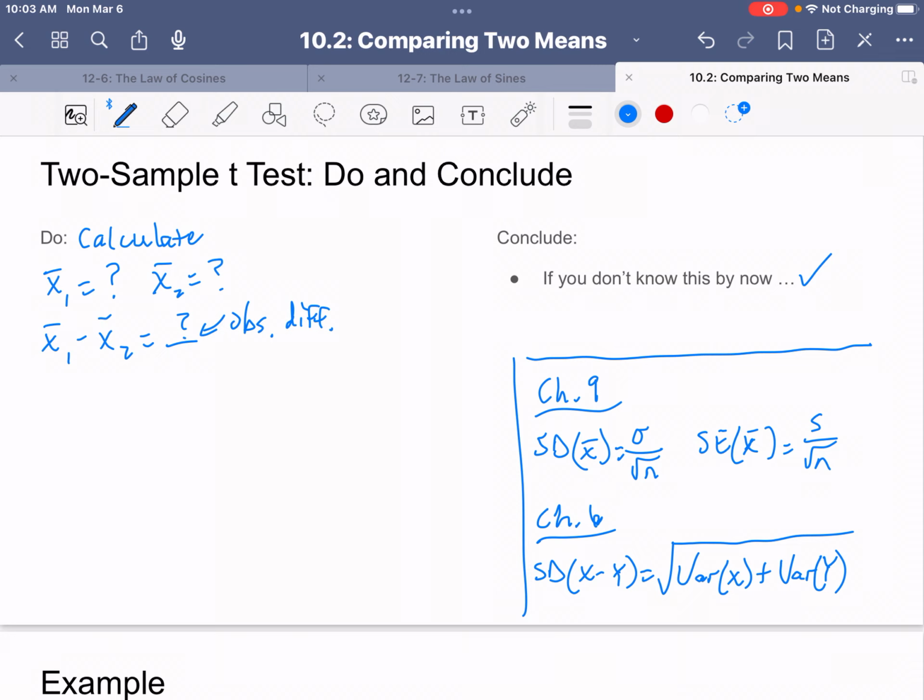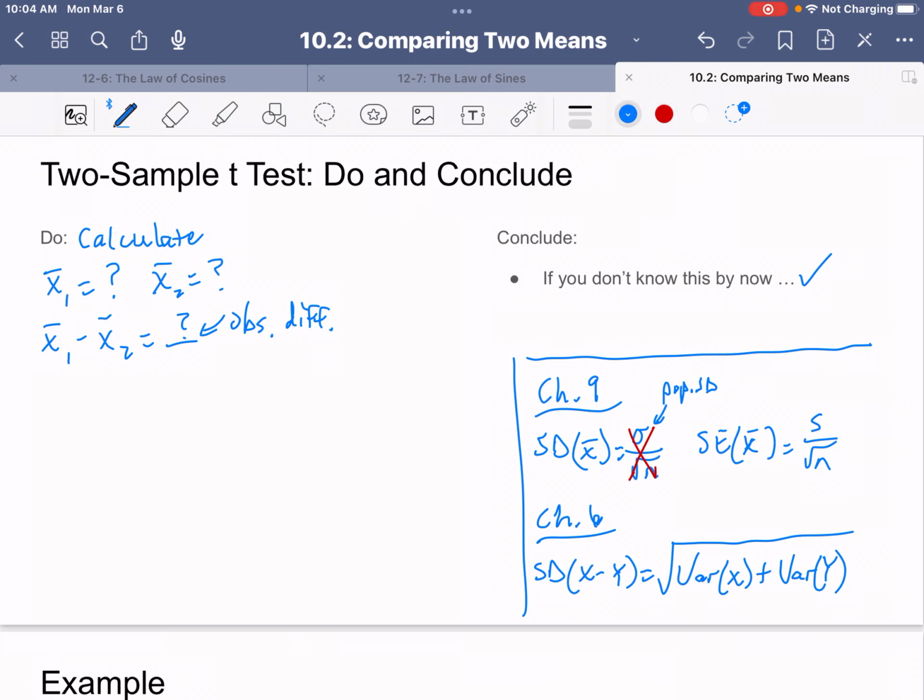Okay, now, over here on the right side of the slide, similar to what I did in section 10.1. In Chapter 9, we learned that the standard deviation of x bar was sigma over the square root of n, where sigma is the population standard deviation. Well, the weird thing about that formula is the population standard deviation is rarely known. So you can't divide that by the square root of n to get the standard deviation of x bar.